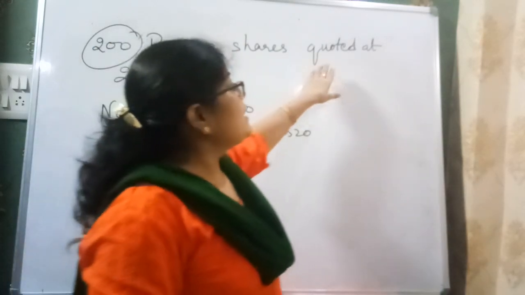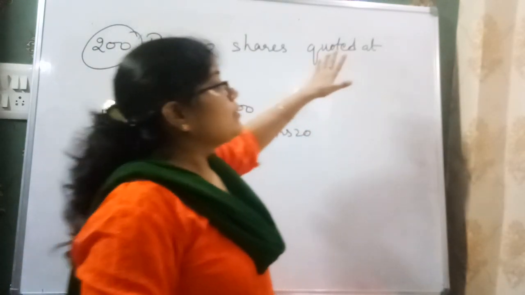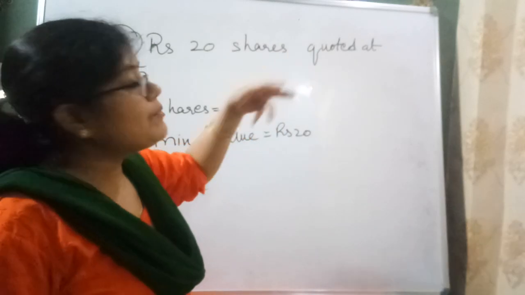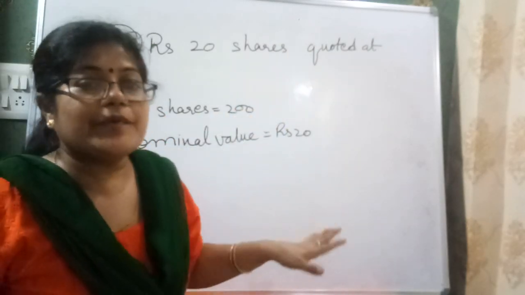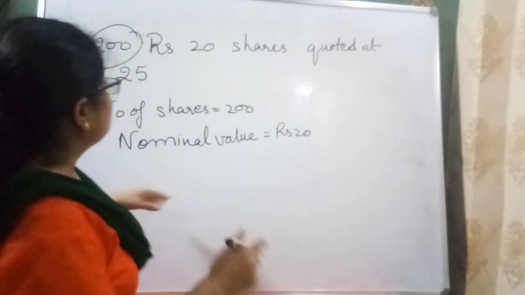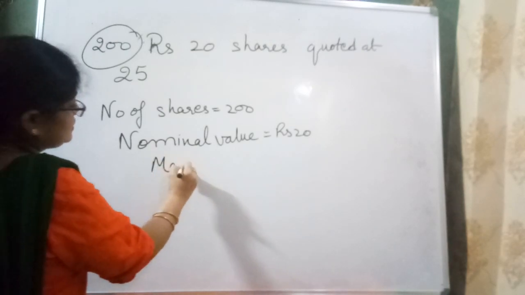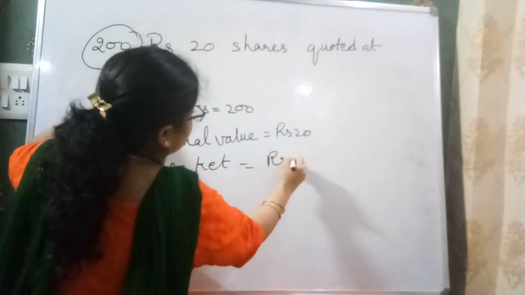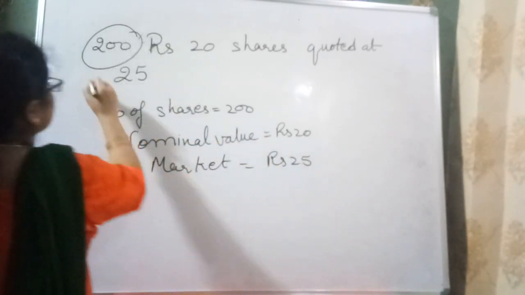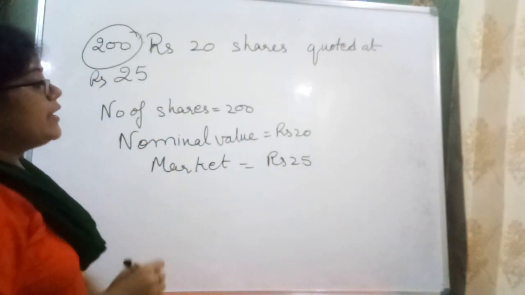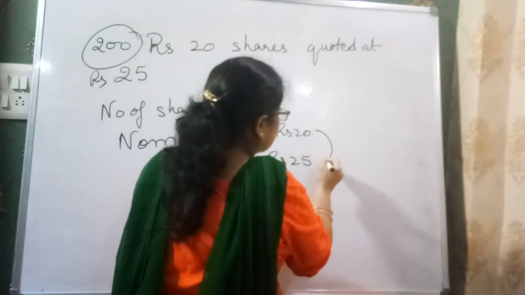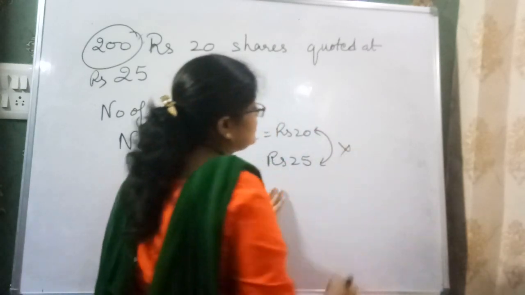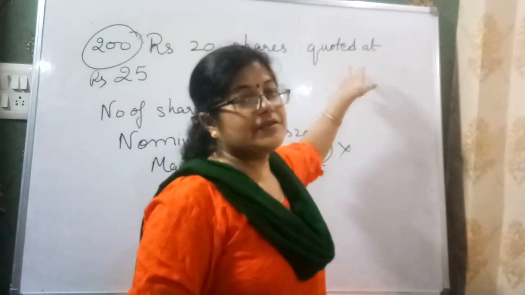It is written over here quoted at. Quoted at means this is the market value. Neither do we have to subtract, nor do we have to add. And the market value is rupees 25. Clear? Here we neither have to add nor subtract, because quoted at is written over here.